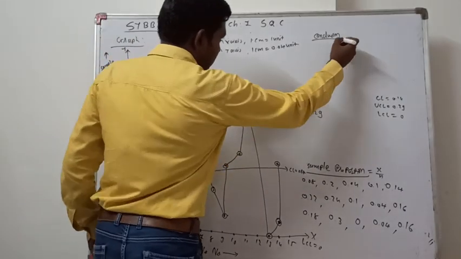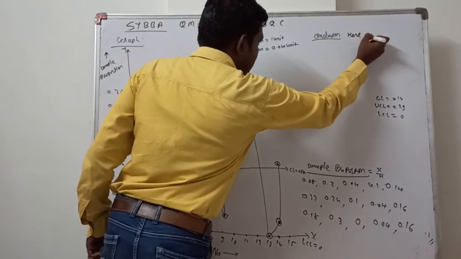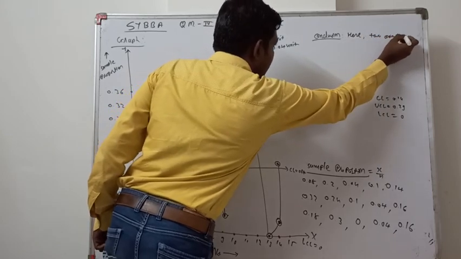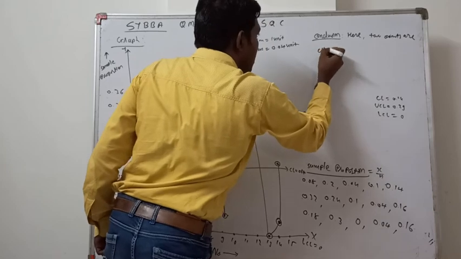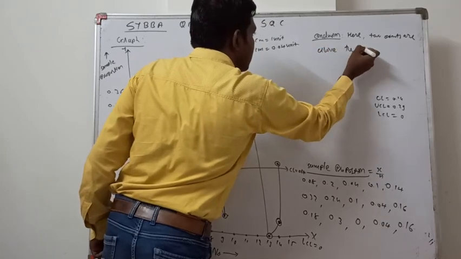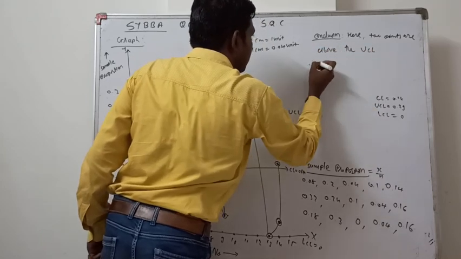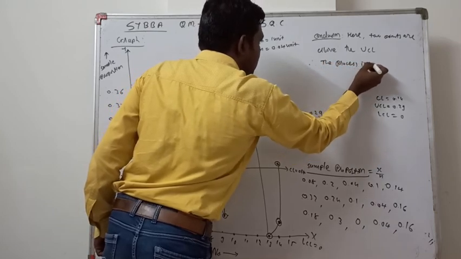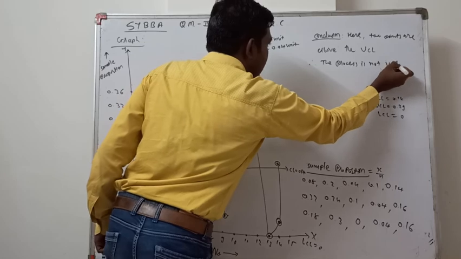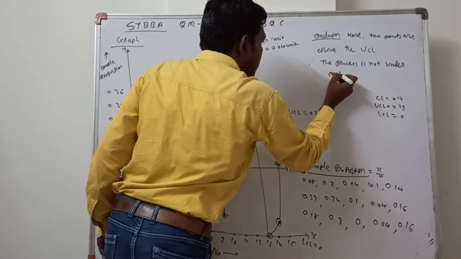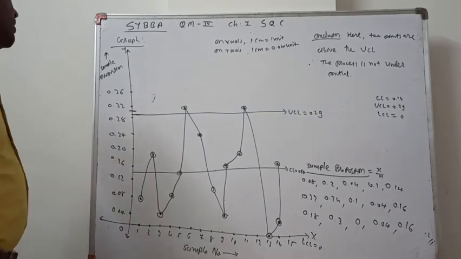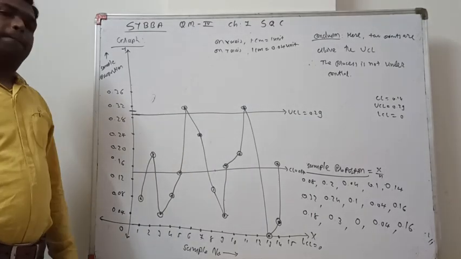So we write here: 2 points are above the UCL, therefore the process is not under control. So this is the final answer of this P chart, and this is all about the P chart. Clear?